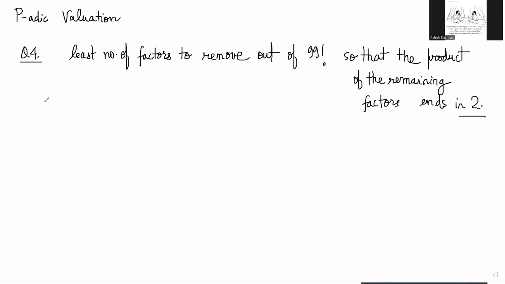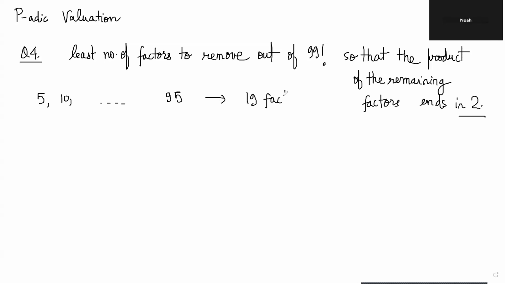So how many factors of 5 will be removed? How many numbers have to be removed? Basically starting from 5, 10, up to 95, right? Yeah. So there's 19 factors that have to be removed.